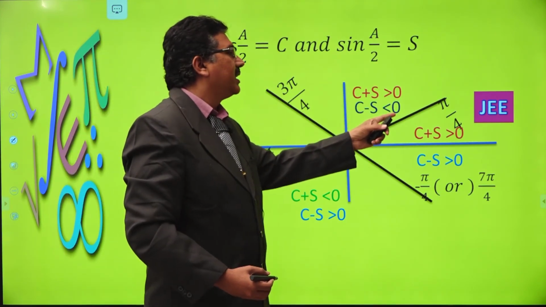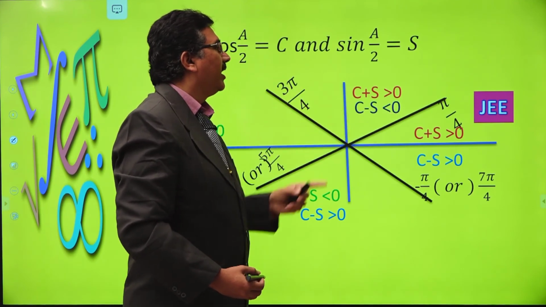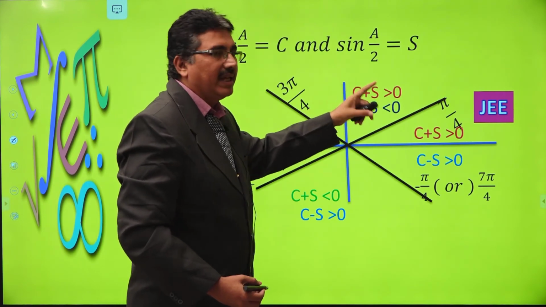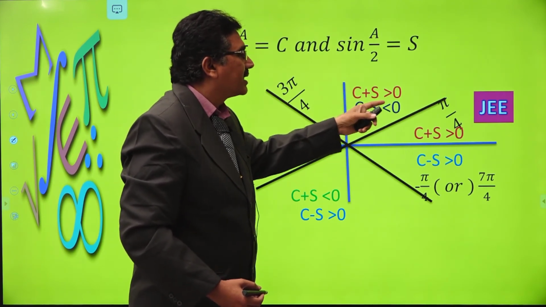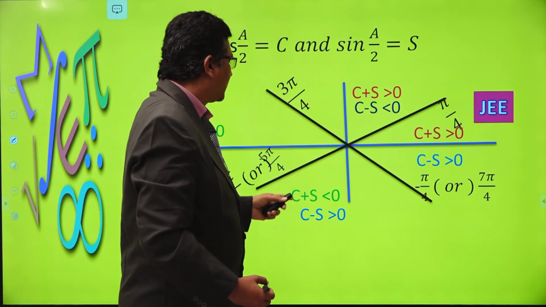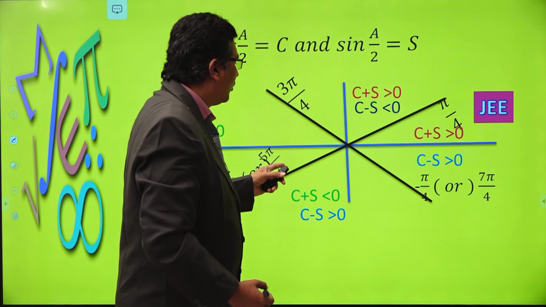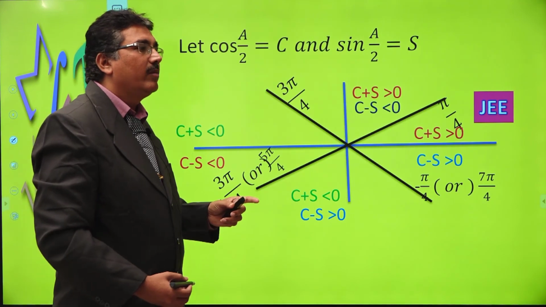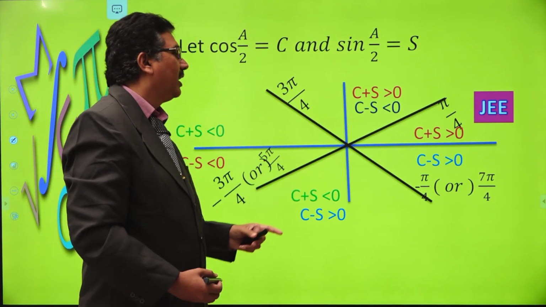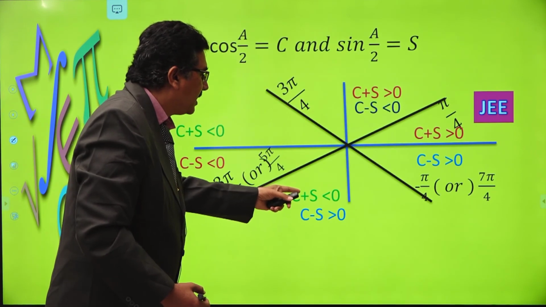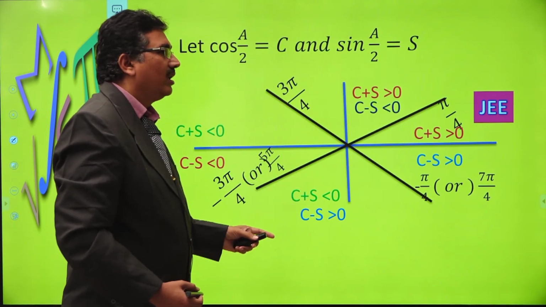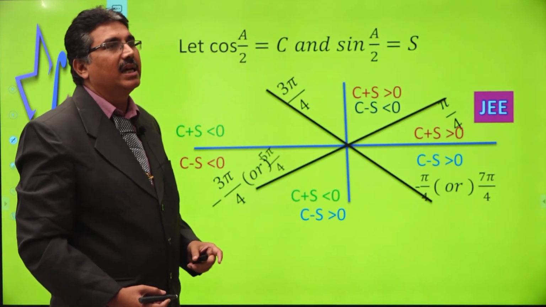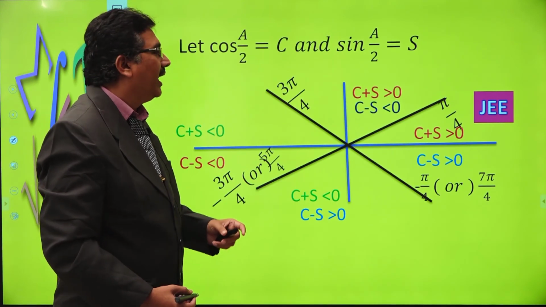Now in the region pi by 4 to 3 pi by 4, c plus s is greater than 0 and c minus s is less than 0. Right. Now in the region 5 pi by 4 to 7 pi by 4, or minus 3 pi by 4 to minus pi by 4, c plus s is less than 0 and c minus s is greater than 0. Right? These are the limits of a by 2.